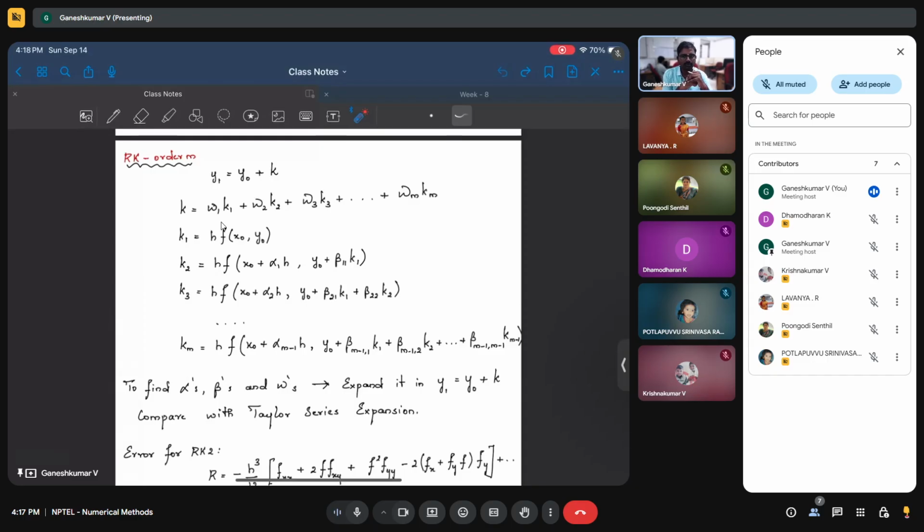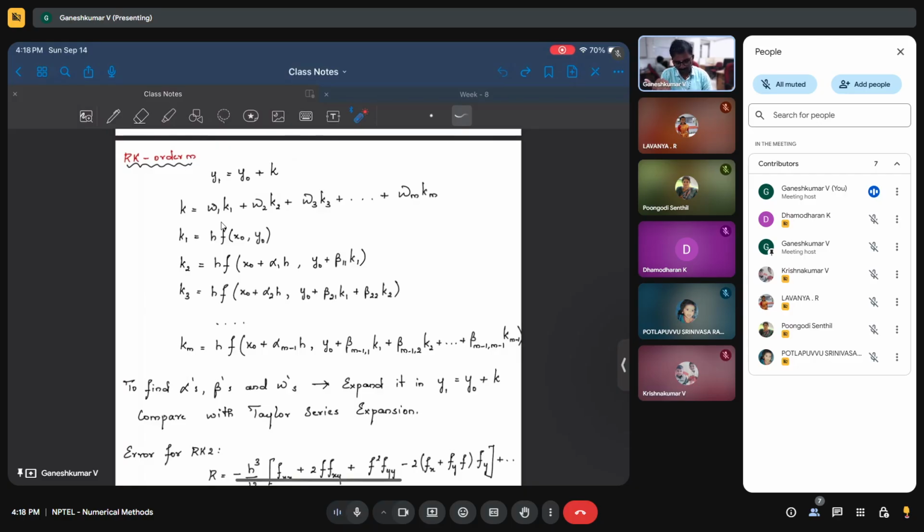If I want to do that, what are the predictions and corrections I need to keep making, how many steps I can take forward to get a more accurate solution. So for example, if I want an RK method with order m accuracy, then I need to do these corrections m times, and we have generalized it as omega. So basically we have to find this additional k on top of y naught, which should be as exact as possible.